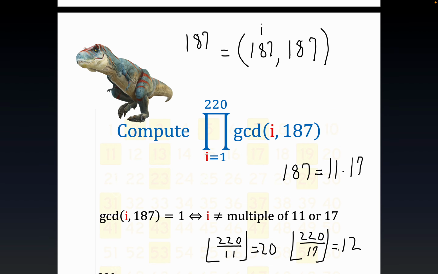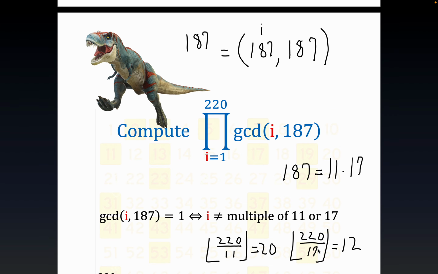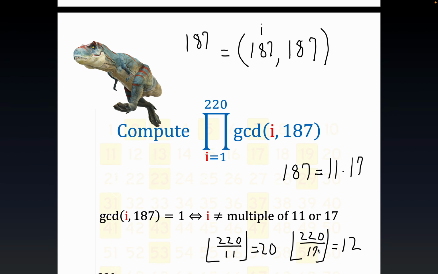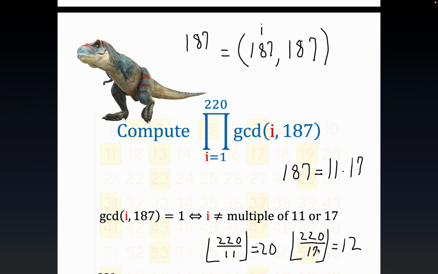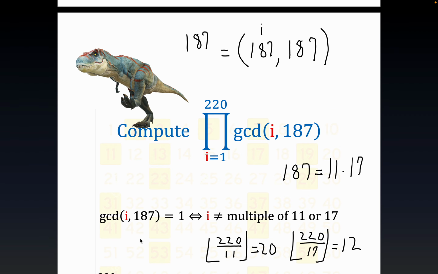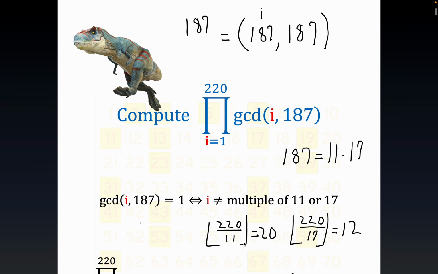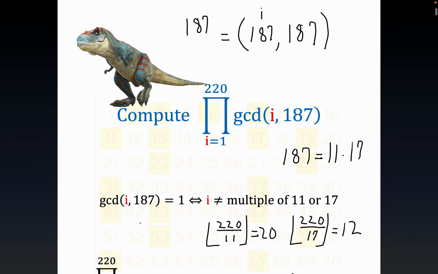And that's the value of the floor function, folks. If you do the floor of m over n, it returns the number of multiples of n that are less than m. Armed with that, we can move on, because remember, these are exactly the times that the GCD would be 1.